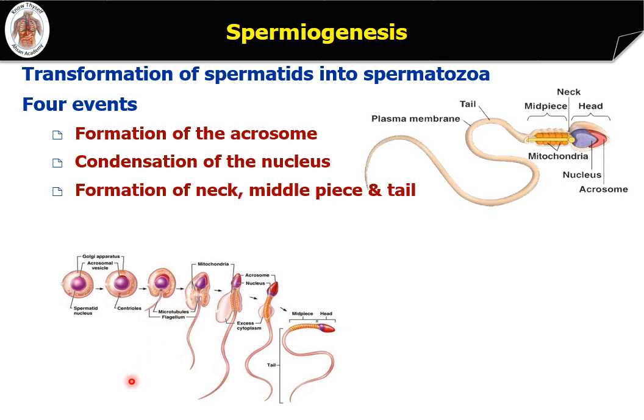In the third stage, there is formation of the head, then the neck, then the middle piece. This junction is the neck, middle piece, and tail formation. And finally, shedding of the extra cytoplasm, to become a slim structure.